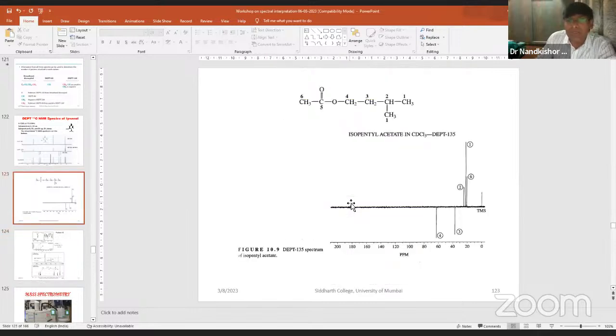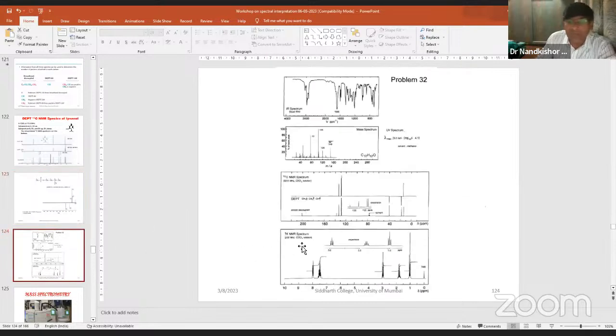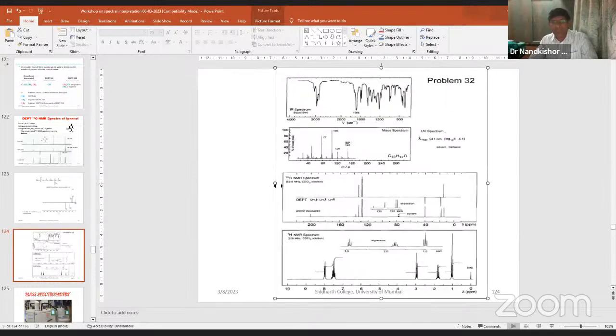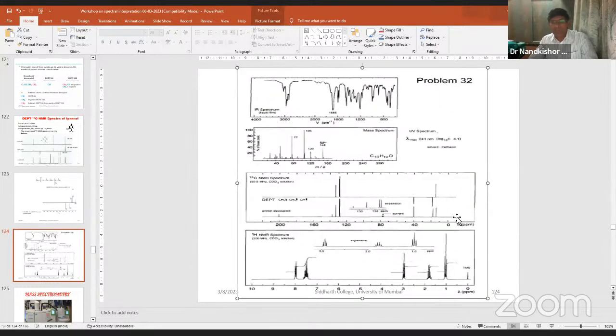Now look at one of the spectra I just picked from a book. This spectrum has clear information. Look at the structure here. I'm not going to discuss the complete analysis, but just for understanding how the spectra will be provided to you. We are talking about DEPT, so DEPT data is already provided.